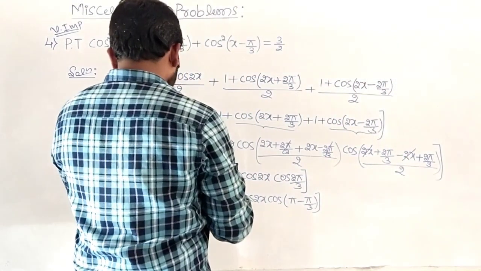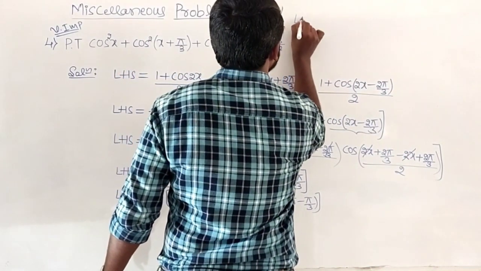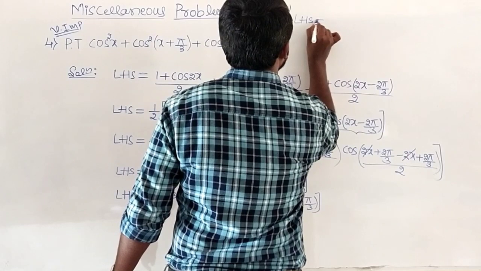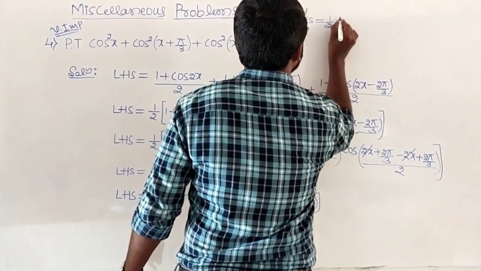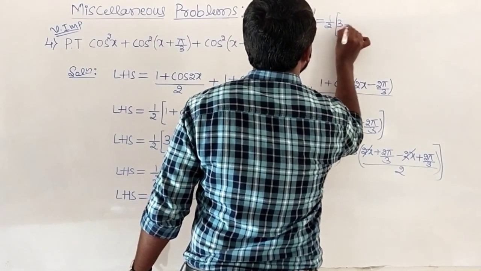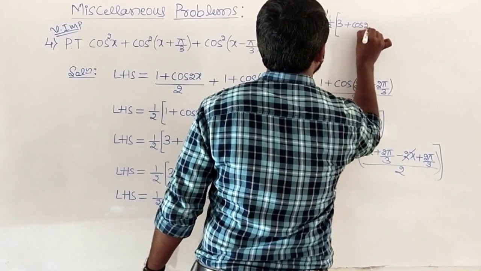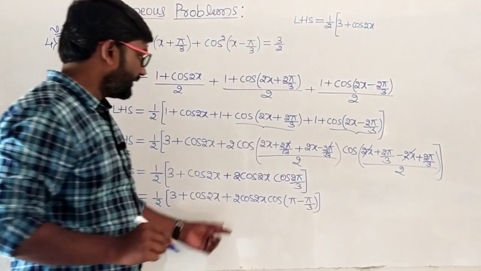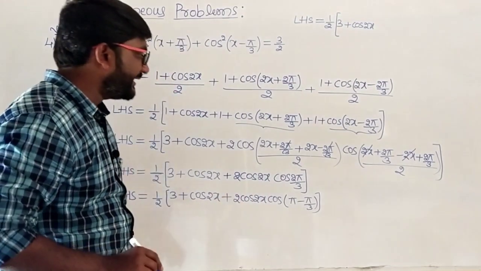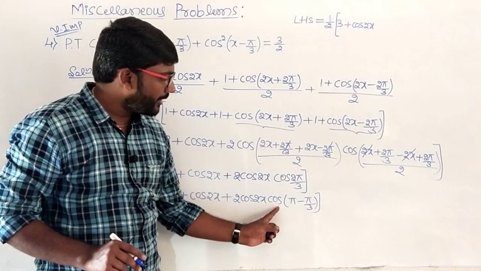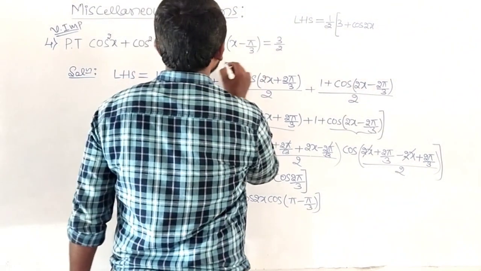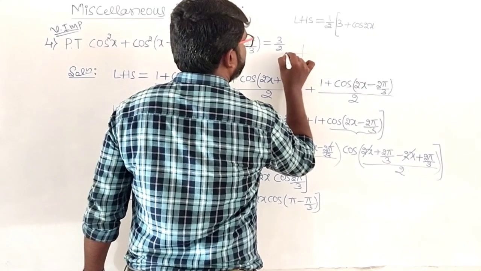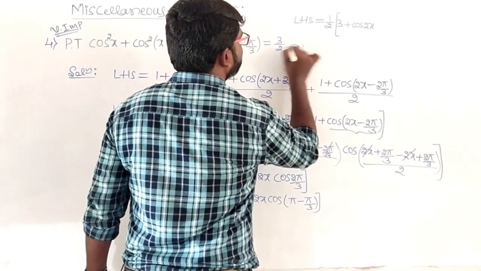So now let us continue with the next step here. Now left hand side, which is equal to 1 by 2, I will be writing it outside. Then 3 plus cos 2x, again plus 2 cos 2x, I will be writing it as it is. So now see here, cos of 180 minus x. 180 minus means it should be the second quadrant.